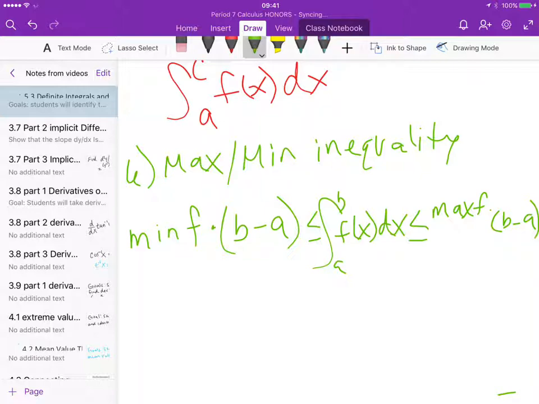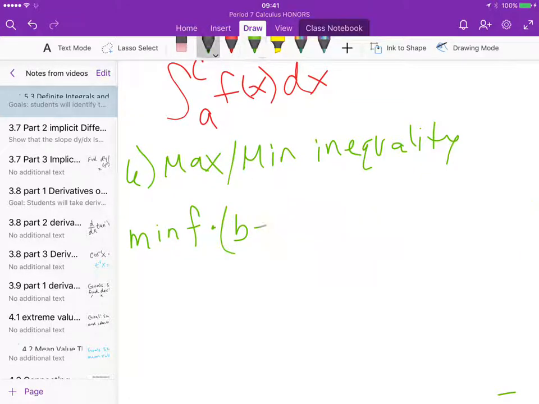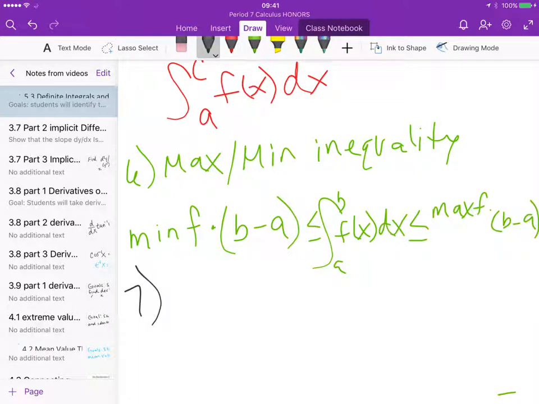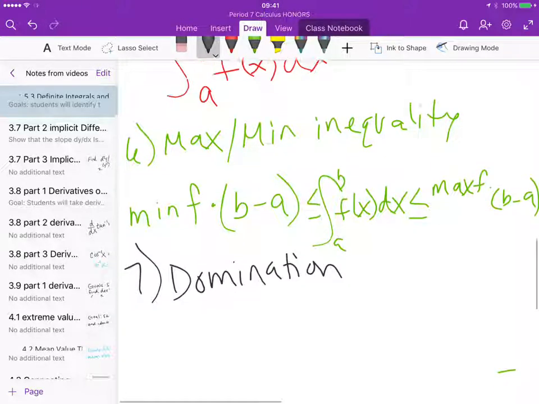All right. And the last one we don't use too often, but it'll come up every once in a while from time to time, so we'll make sure that we're all on the same page with this one. It's called our domination rule of integration. What this is basically showing is a comparison between two functions.